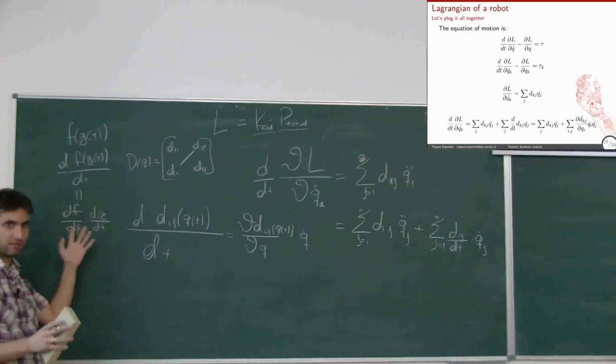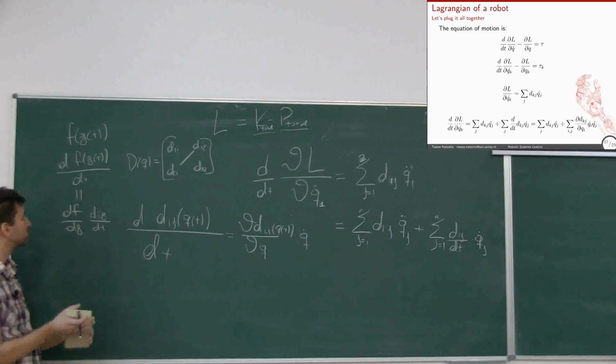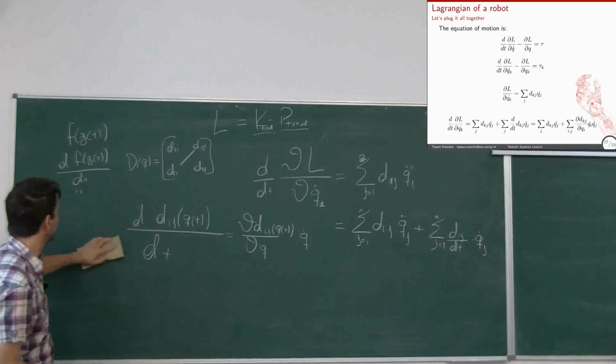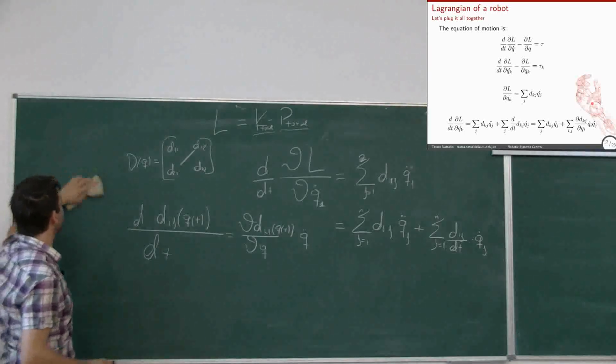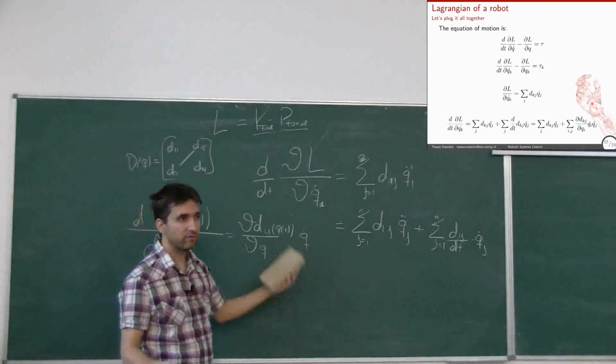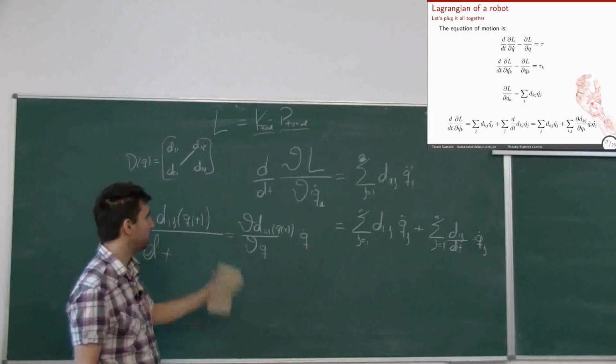You remember this? Derivation rules? So this is what we're doing here. With instead of f and g, we have d and q, and time is still time.